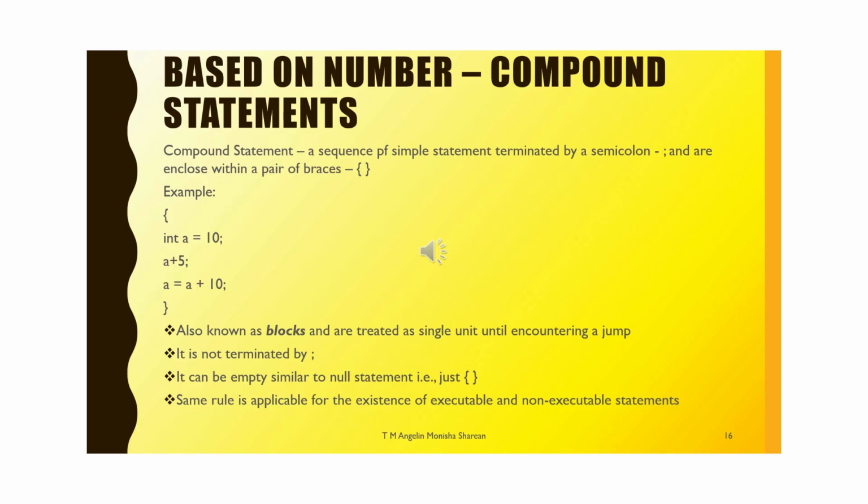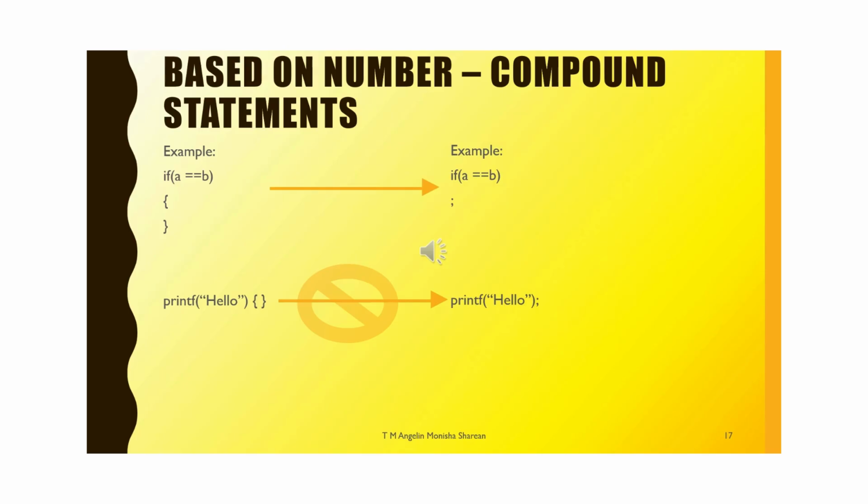This compound statement can also be empty, without any statements inside it. It is similar to a null statement in C. Inside this block of statements, the existence of executable and non-executable statements follows the same rules as we saw in the previous session.